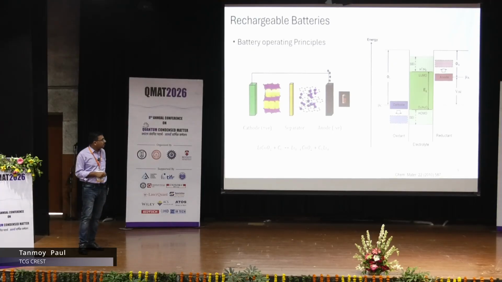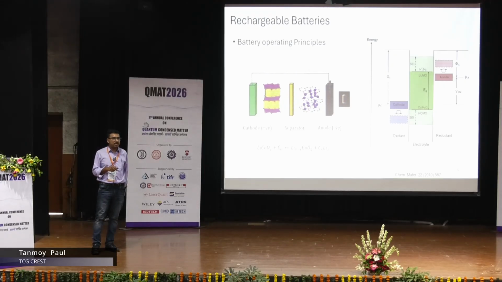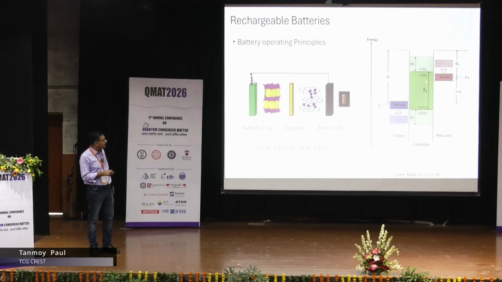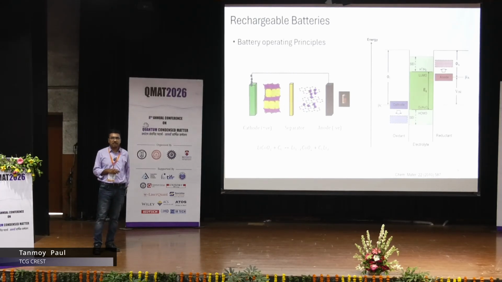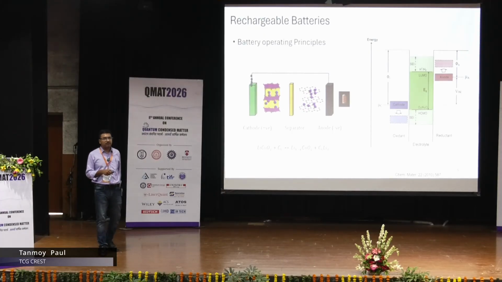The important part is that electrolytes are ionically conducting, but they are wide band gap materials. They are not semiconductors, they are insulators, with a band gap of more than 4 or 6 electron volt, whereas the cathode is of the order of 0.5 or 0.6.